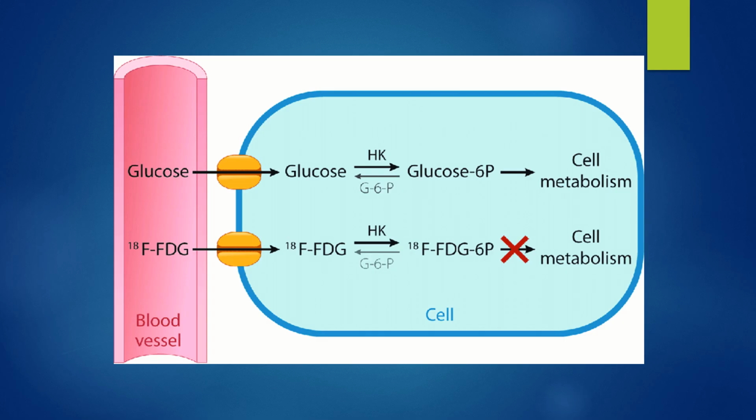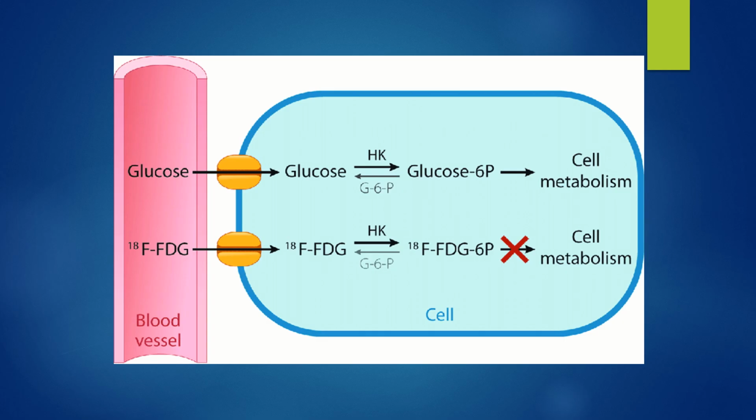Number two, the hexokinase enzymes in cancer cells transform FDG into FDG-6-phosphate at higher rates than normal cells do. And third, the FDG-6-P cannot be further metabolized, and therefore it remains trapped within the cell.